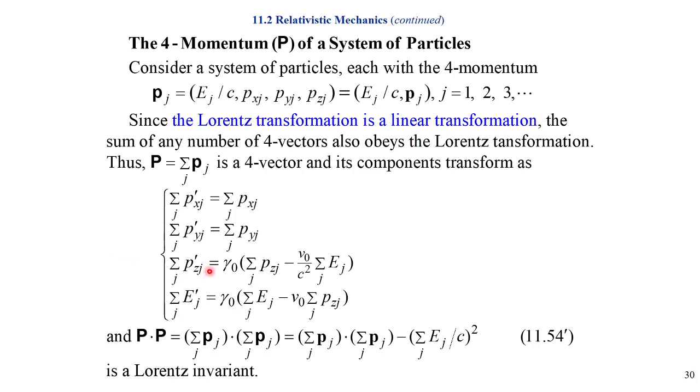So before and after should be the same. Therefore, P dot P, summed over all P, is a Lorentz invariant, just like the previous case. This is a generalized case. That is valid for a system of one particle, two particles, a system of many particles. This equation is still correct.